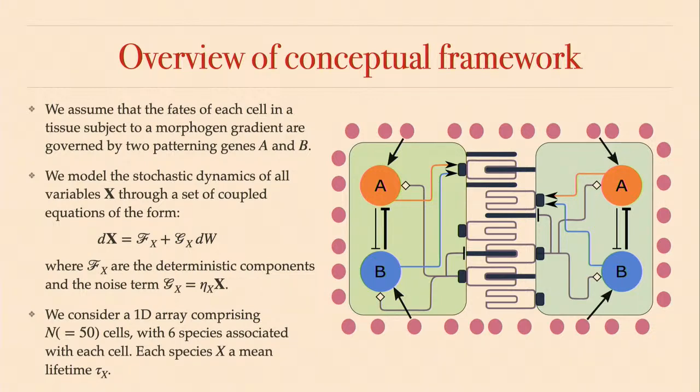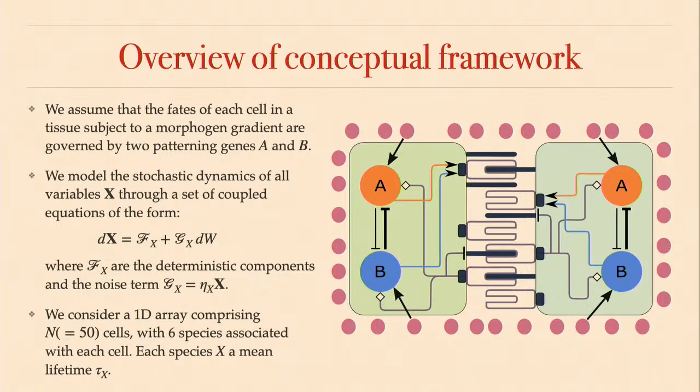Now, the way that we model it, because we have to account for noise and stochasticity, is with a set of stochastic differential equations. We write down the deterministic components in each case, and we also have a noise term. For simplicity, in each variable you just have some noise strength times the corresponding concentration for each species.